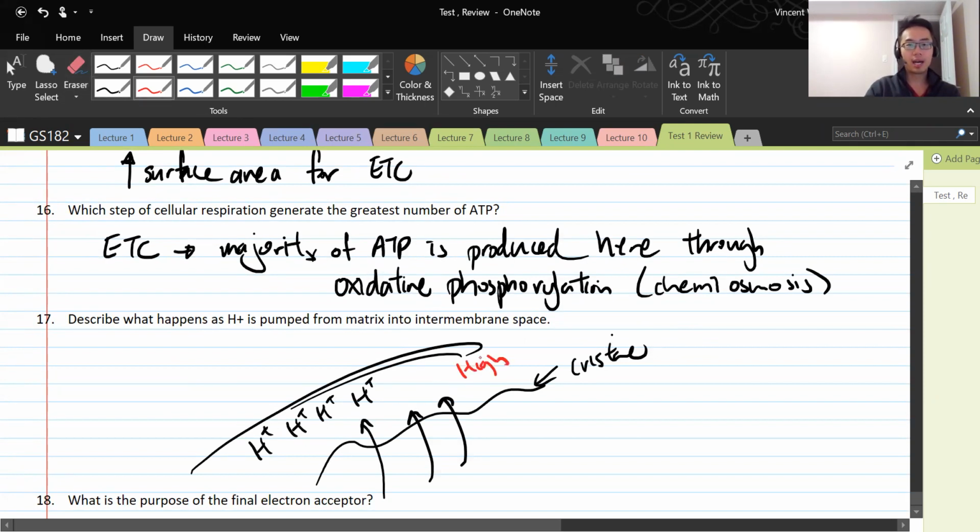You will have high H+ here compared to low H+. They really want to come back in. Because of the high H+ content here, you're going to have a lower pH, more acidic, in the intermembrane space, and a higher pH in the matrix.